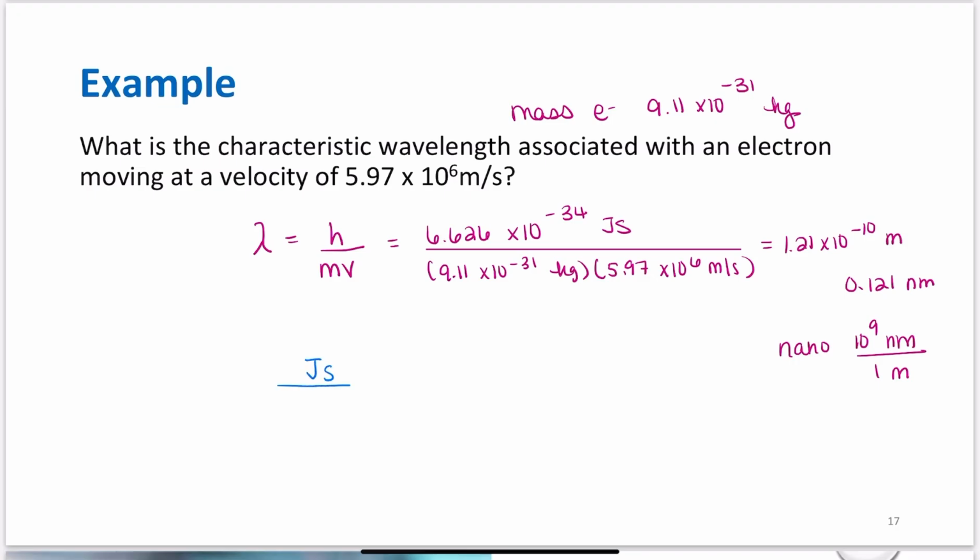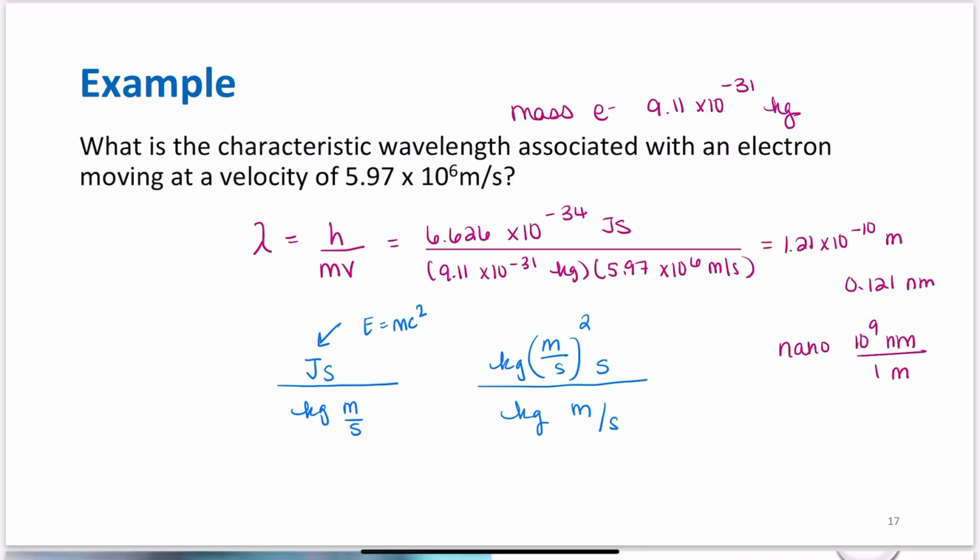Here we've got joule seconds over kilogram meters per second. But a joule is based on Einstein's equation, E equals mc squared. So mass in kilogram, and c is my speed of light, so meters per second, quantity squared, times second over kilogram meters per second.